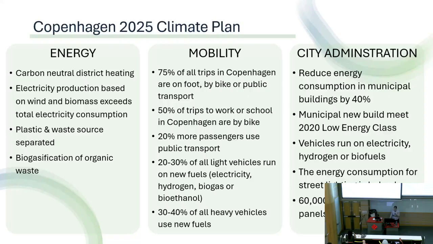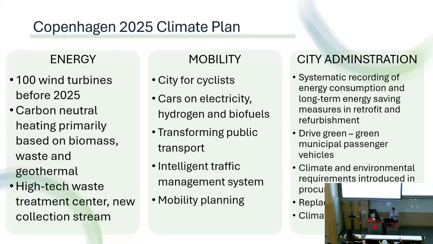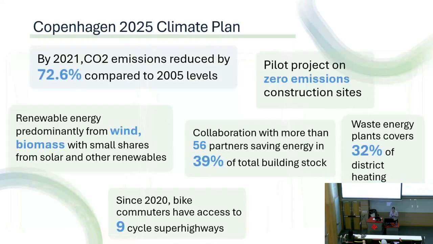But overall, in city administration, both sides are quite similar, being able to integrate the various energy reduction and energy efficiency measures. So this is what they've actually done. So how many turbines they've built, or how many cyclists, and all that sort of stuff.